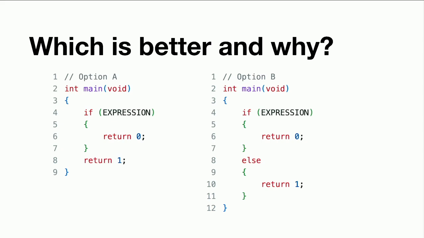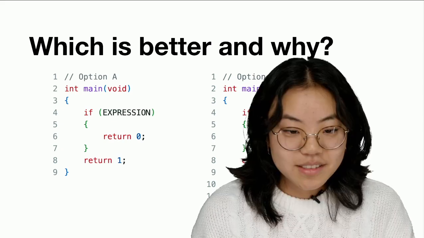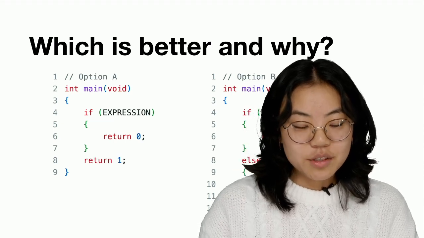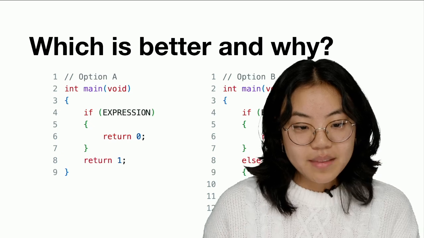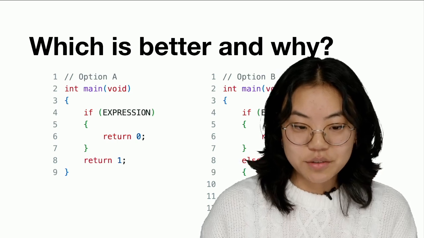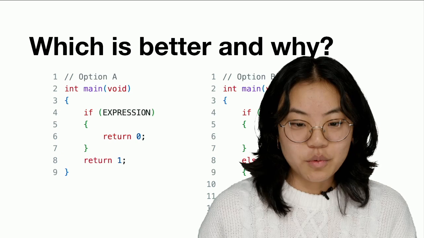Yeah, so that's exactly right. So in these two options, we see option A, we're checking if some expression is true. If that's true, let's return a success. Otherwise, we'll return a status code of 1.